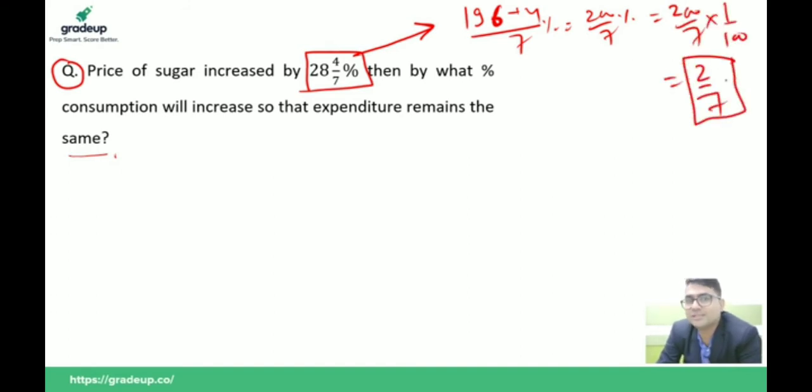So this is the conversion into fractions. Is it clear to all of you? Yes or no? Is the conversion from percentage to fraction clear to all of you?